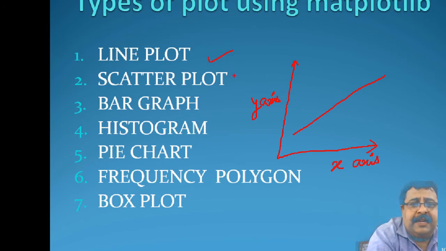Then we have the scatter plot. For a scatter plot, all the points are marked. The line is not joined, but all the points are marked. This kind of plot is normally used for correlation.